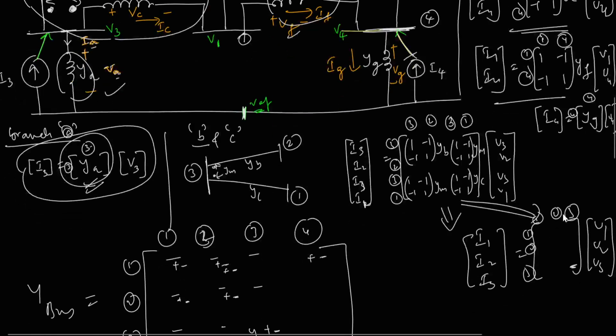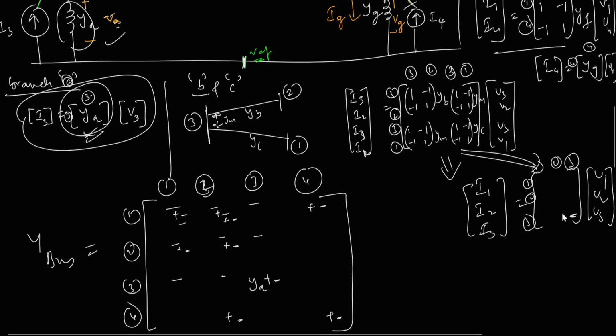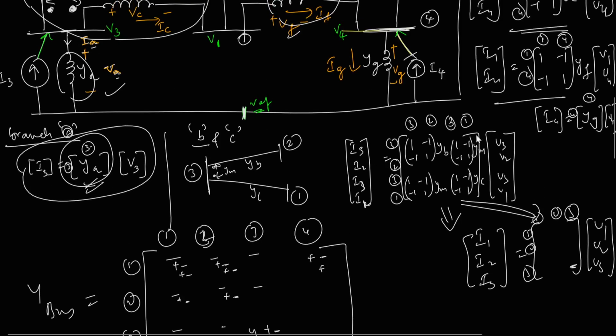Similarly 1 4, 1 4, plus, and finally 4 4. Okay, so you do this problem. I have given the procedure, right? How to write down the building blocks for each branch, and just add the corresponding elements to the Y bus.